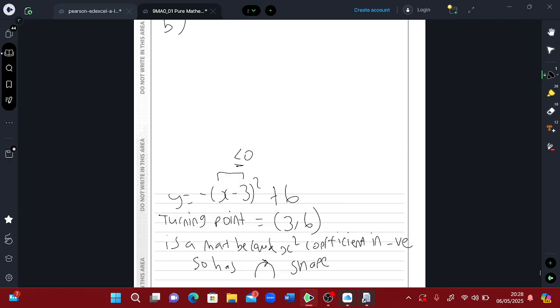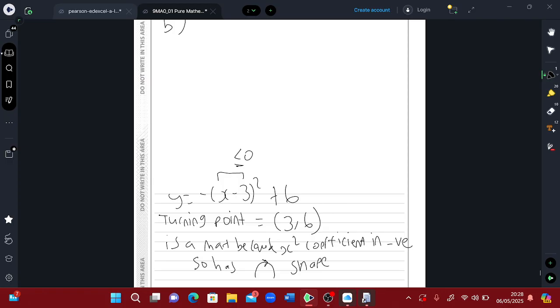And so the only way you can really maximize it is if we take it to be 0. That'd be the highest value we can get here, no matter what x value we pick. We need to pick an x value such that the bracket goes to 0 so that we don't get a negative number.